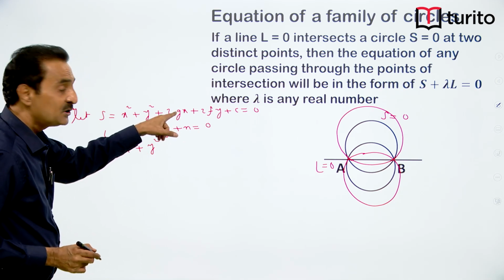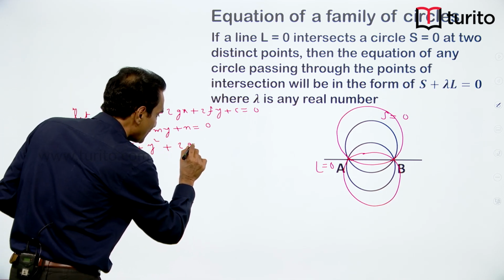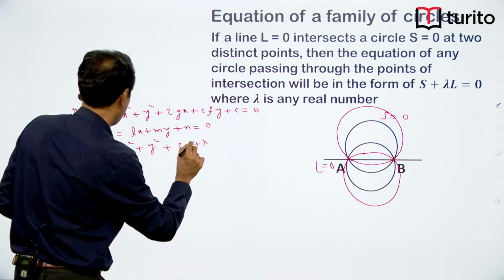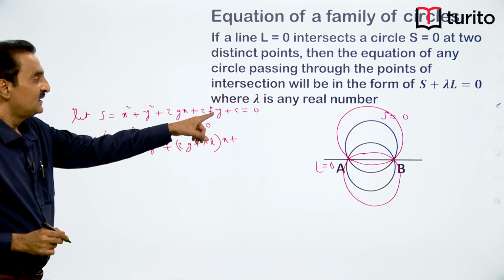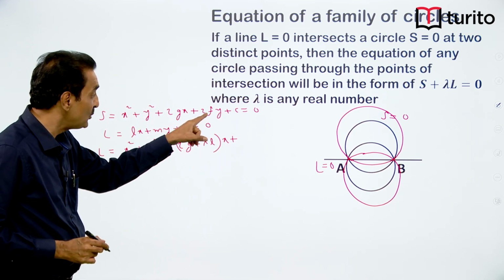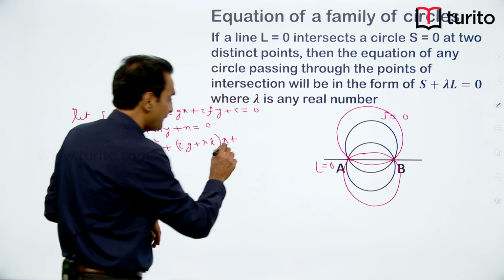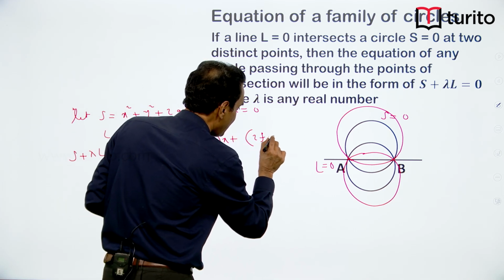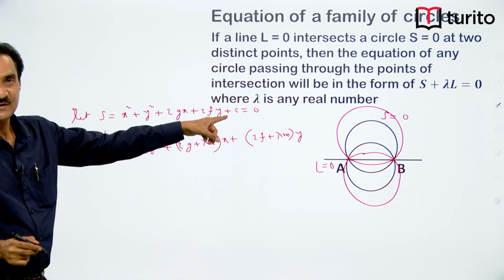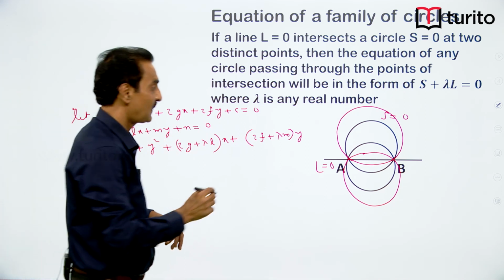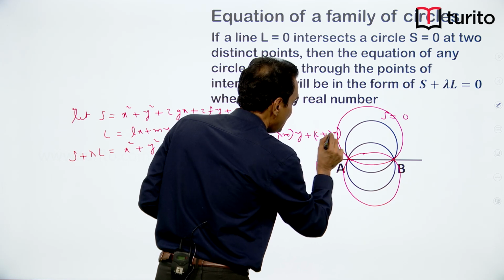If you take x common, you will get 2g plus lambda l into x, plus this plus lambda times this will be 2f plus lambda m into y, remaining is what? c plus lambda n is equal to 0.